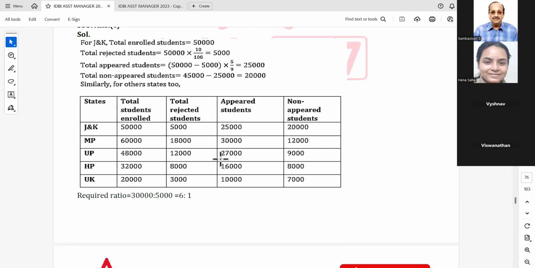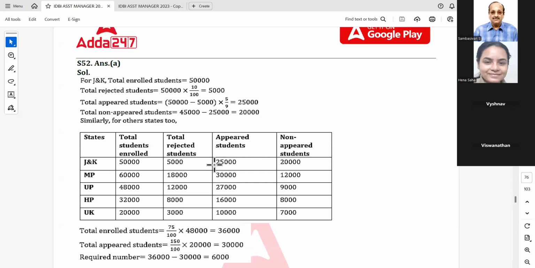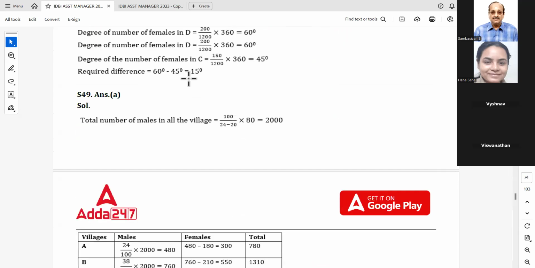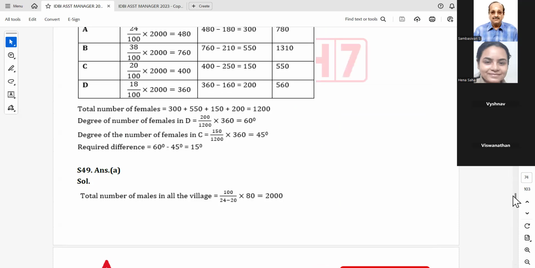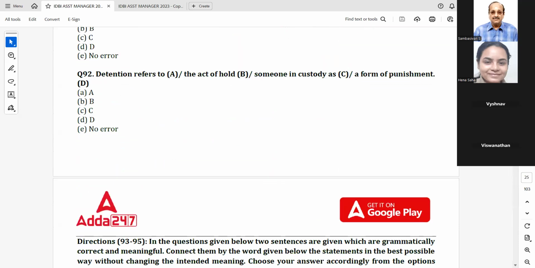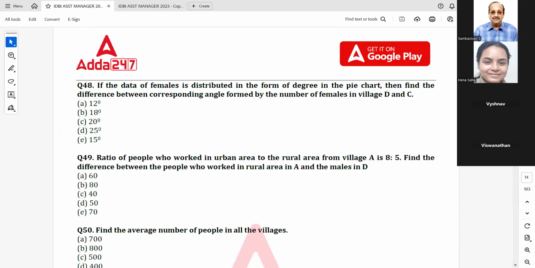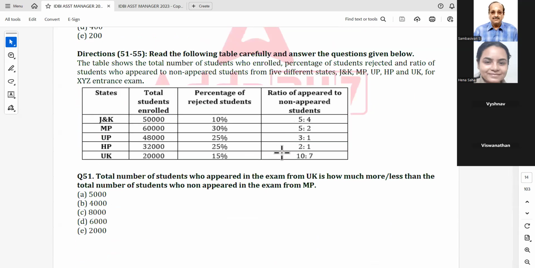No. Sorry, I am giving some other figure. I will show the real figure. I am showing some answer figure that is wrong. Yeah, this is the figure. Correct.